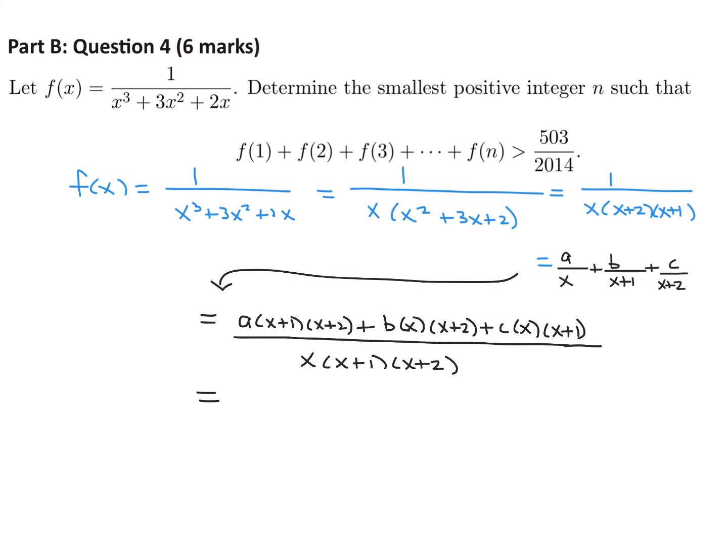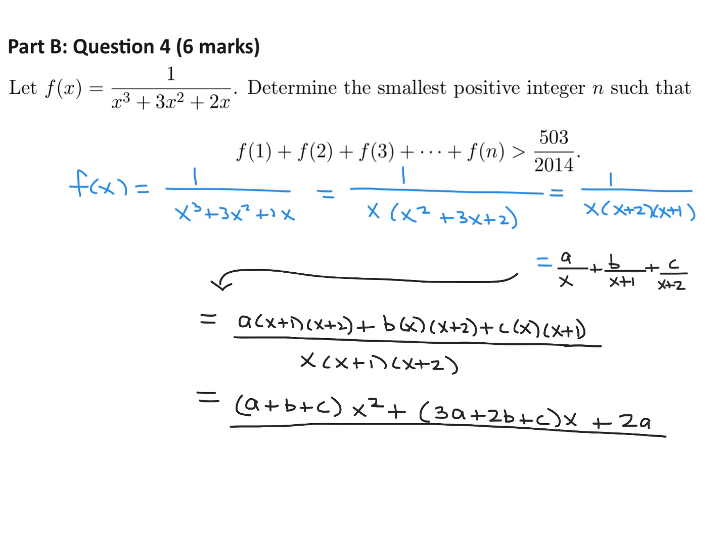And when you do, you get a + b + c as the coefficient in front of x^2. And then the coefficient in front of x will be 3a + 2b + c. And then you'll have this 2a out there. And then this is, of course, over x(x + 1)(x + 2).